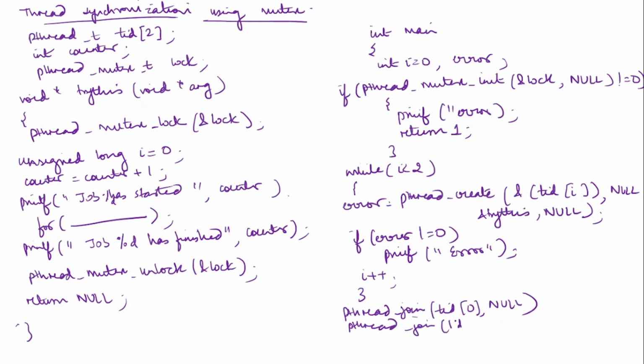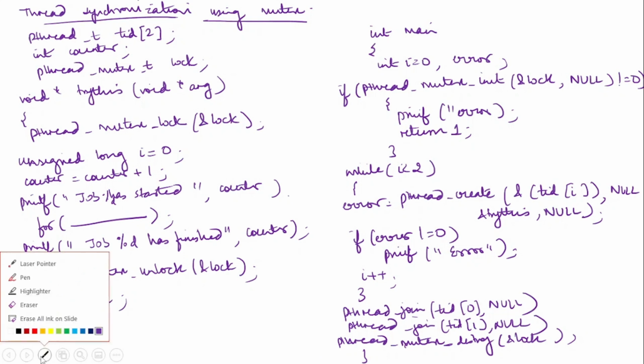Same thing I'll be using with the first thread here, and then I write pthread_mutex_destroy and will pass the lock here.